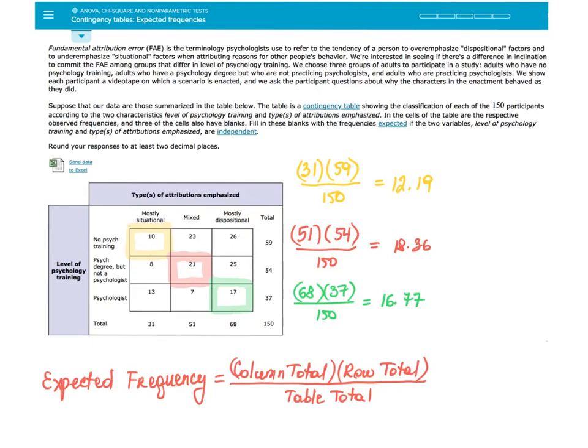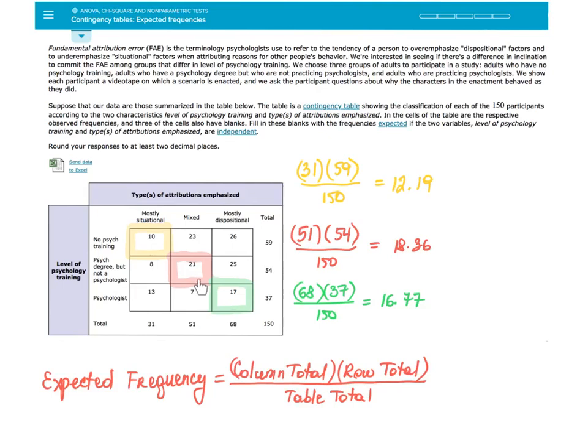To find the expected frequency for the first cell with the observed value of 10, we multiply 31 by 59, which are my totals for the column and row, and divide by 150. This results in 12.19.